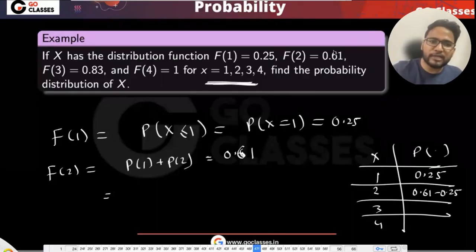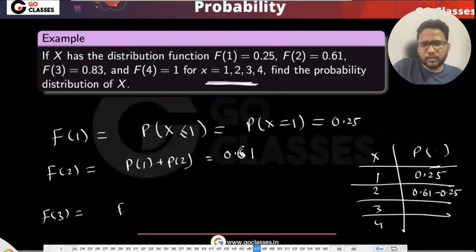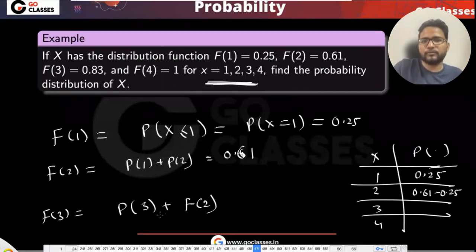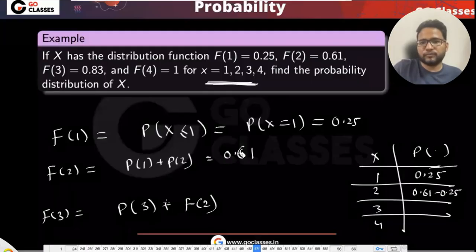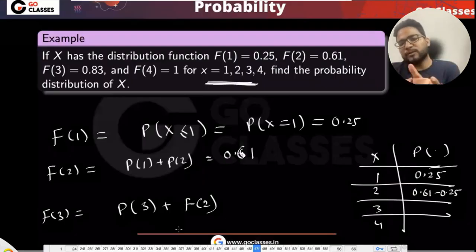Now what is F3? From F3, can you get this p3? See, F3 is basically p3 plus F2. The reason is that you are adding something to F2 only. You carry the previous one and add p of 3. There will be a jump of p of 3 at F2.